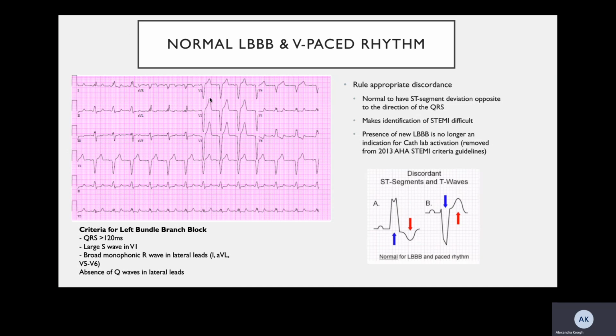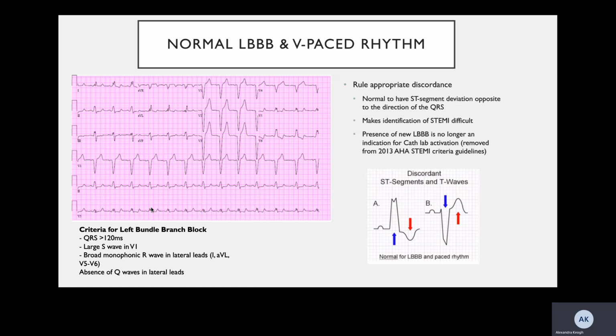There are large S waves in the anterior precordial leads, as you can see here. There are broad monophasic R waves in the lateral leads, and also an absence of Q waves in the lateral leads. So this EKG would meet criteria for a left bundle. And usually when patients have a ventricularly paced rhythm, it's a similar pattern as well.